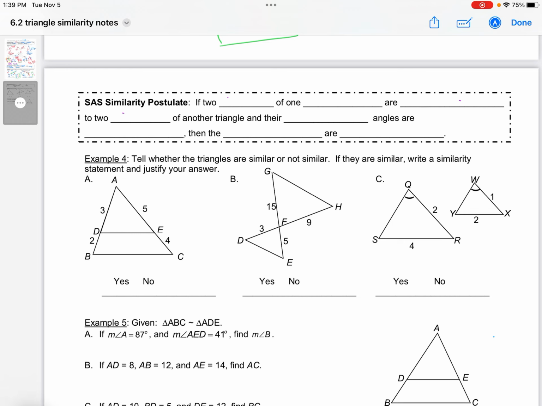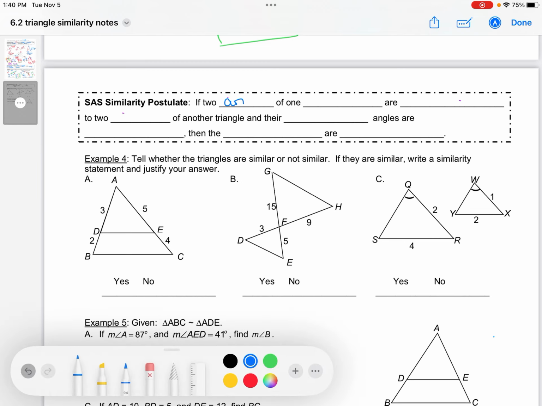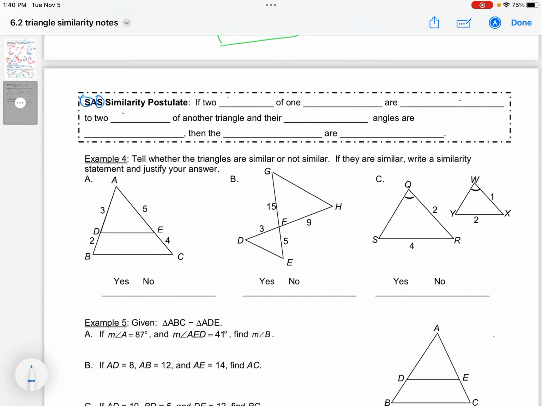All right, side angle side. Two angles. Nope, two sides. Because what do we have two of? Sides. Two sides of one triangle are proportional to two sides of another triangle, and they're, I forgot what you call that angle, included angle?